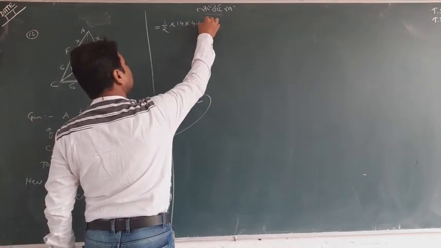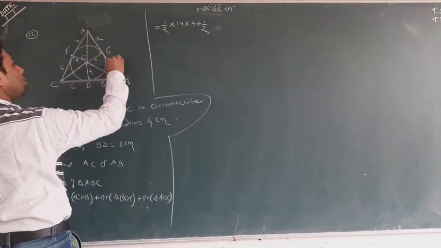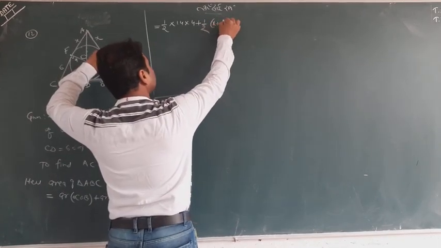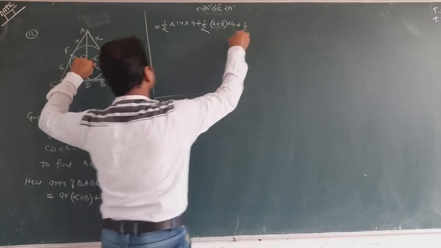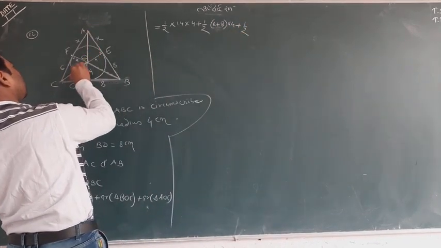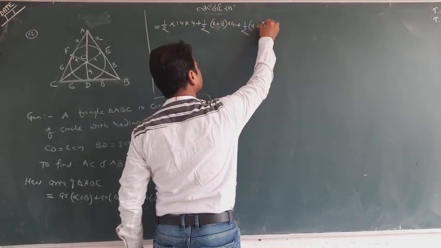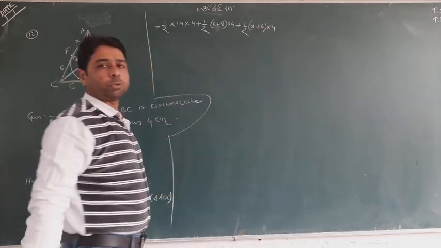Plus 1 upon 2, I talk to you about this triangle, 1 upon 2 base. Base is x plus 8, and height is 4. Again 1 upon 2, this triangle, base is x plus 6, and height is 4. This logic will be used.